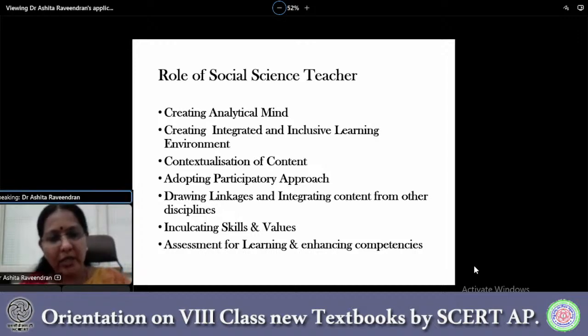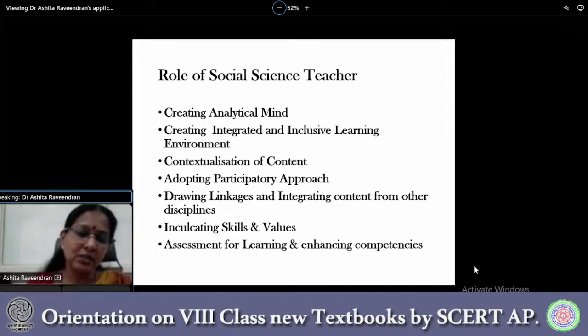Similarly, there will be linkages between the social science disciplines, between geography and economics: how resources are different in different regions, how lifestyles differ, and how history shows us that geographical or economic differences have led to certain historical struggles, why certain countries were colonized, what the reasons were for exploiting the resources there, and why the rulers were more keen to rule areas with more resources.